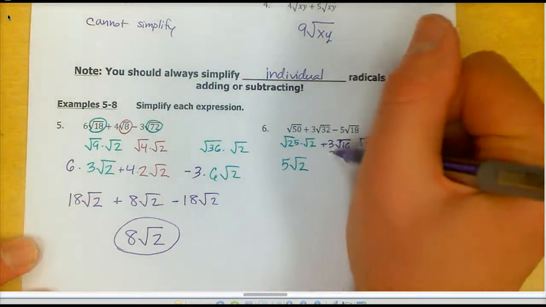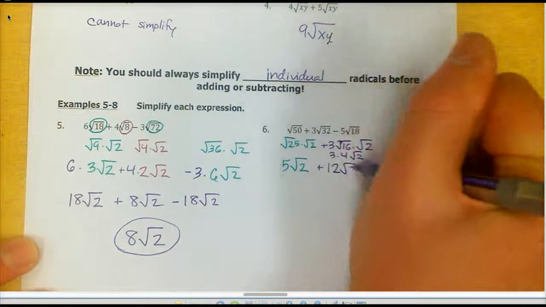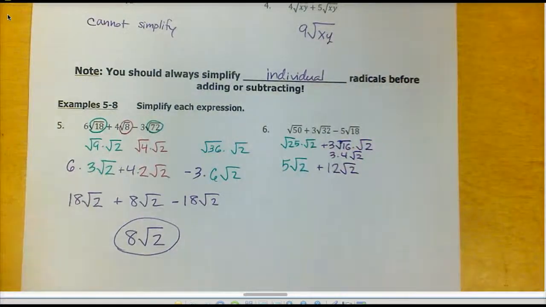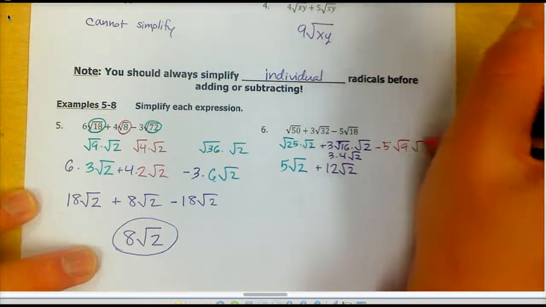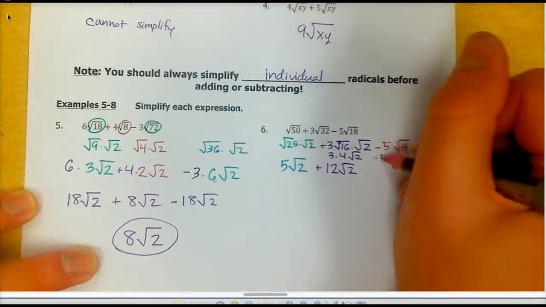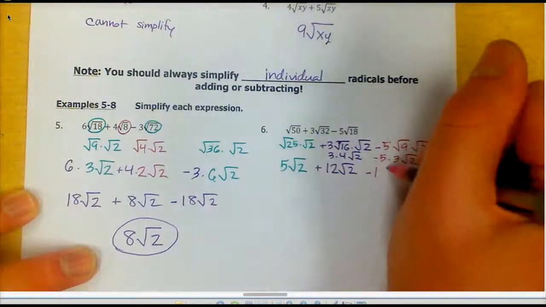Radical 16 is 4, so that would be 3 times 4 radical 2, or 12 radical 2. And then finally, minus 5 radical 18, I can simplify radical 18 into radical 9 times radical 2. So that becomes minus 5 times 3 radical 2, which will give us minus 15 radical 2.